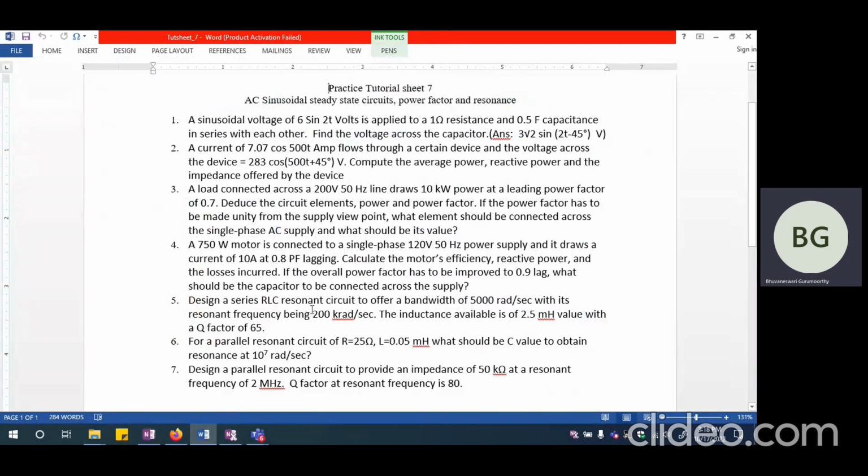Design a series RLC resonance circuit to offer a bandwidth of 5000 radians per second with its resonant frequency being 200 kiloradians per second. The inductance available is 2.5 millihenry with a Q factor of 65. So let us try to do this.